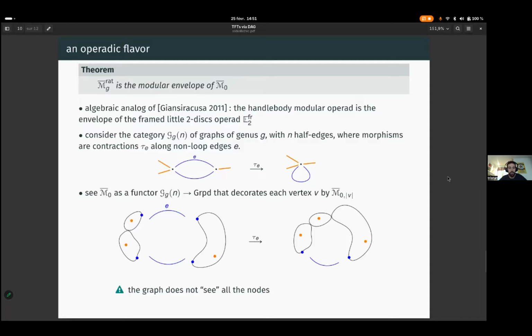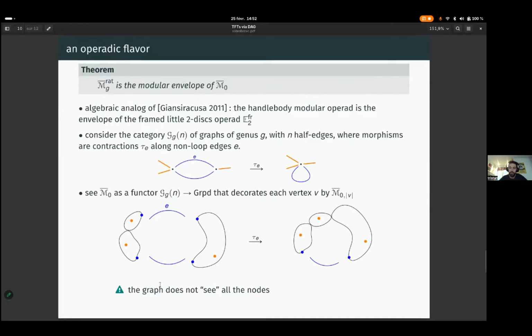I want to emphasize that I can have multiple irreducible components at one vertex. I've decided to draw these as topological surfaces here. So the graph does not see all the nodes. I can have inside nodes at vertices of my graph.